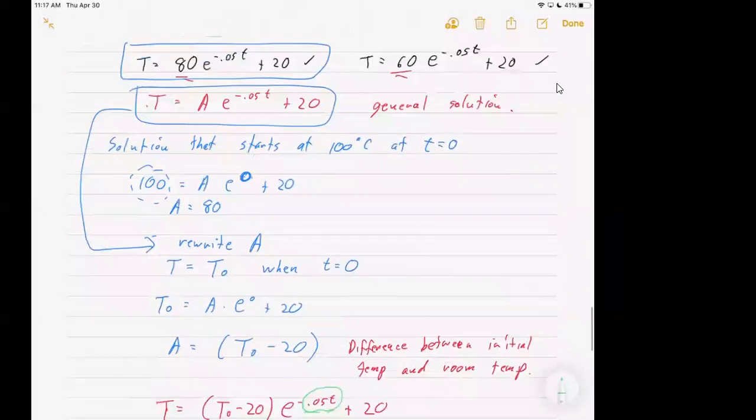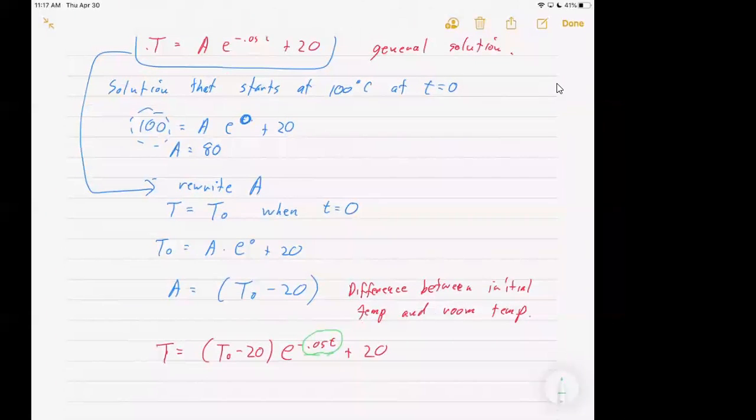And then in our final solution, this could simply be rt instead of 0.05t. So we could have any cooling rate that we wanted, and we could generalize how things cool using that formula. But an initial value solution is something you could literally graph in your calculator and plug in, using y as your output and x as your input, whereas the general solution is a whole set of solutions that would be possible.